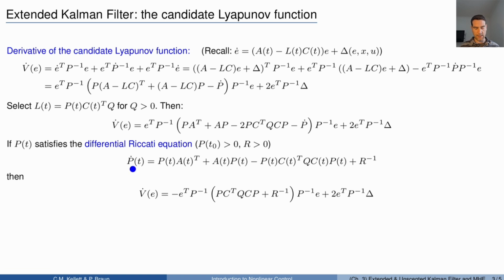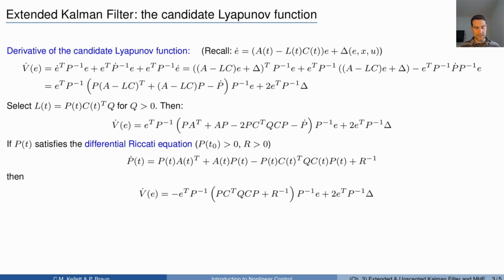So a quadratic matrix equation where we essentially use some of these components here in the derivative of V, but also add a positive definite matrix R here. Meaning at this stage Q and R are our design parameters, which we can select as positive definite matrices.